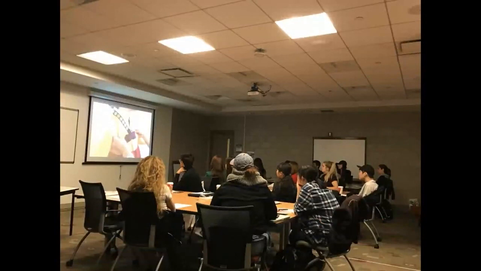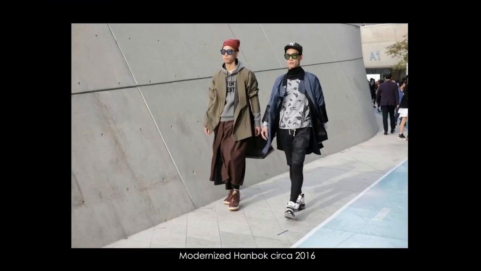And then we had a class, and again explaining how to wear the Korean jacket toward the right side. And this one is a fashion week, so it's a modernized hanbok. So when you create a modernized style, the rule does not apply.